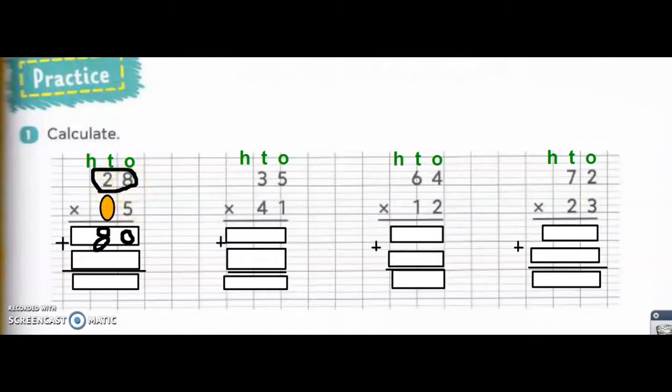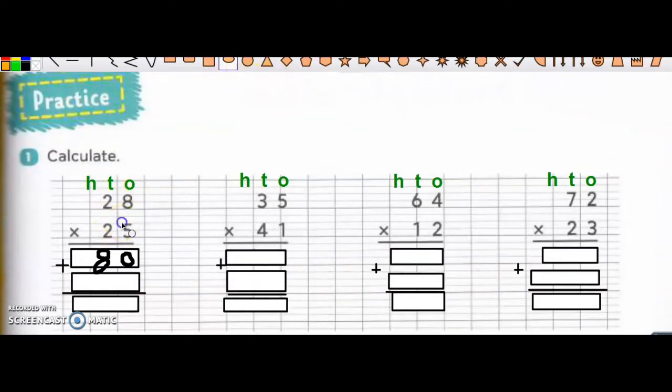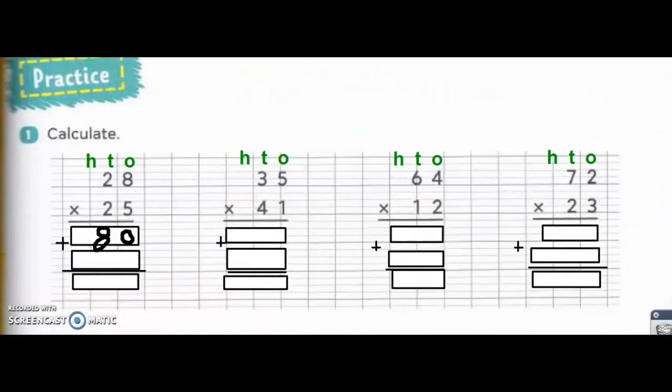And when I'm done, I multiply 2 times 28 and I hide the 5. But before I multiply with the 2, I move the 0 to the product of 20 and I multiply 2 times 28, all of 28. So, is my answer correct? No, it is not. So, what do I have to do?